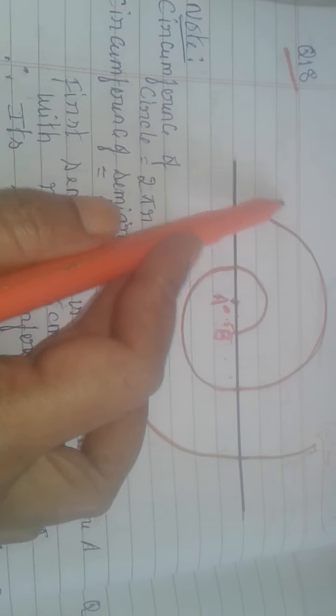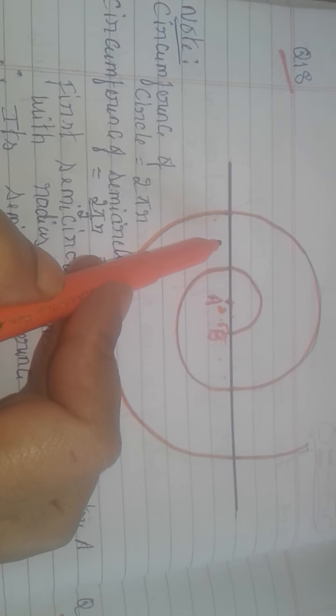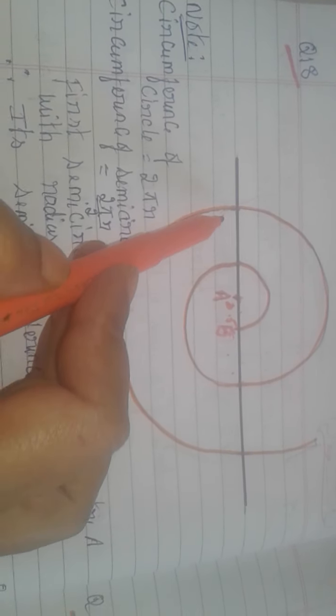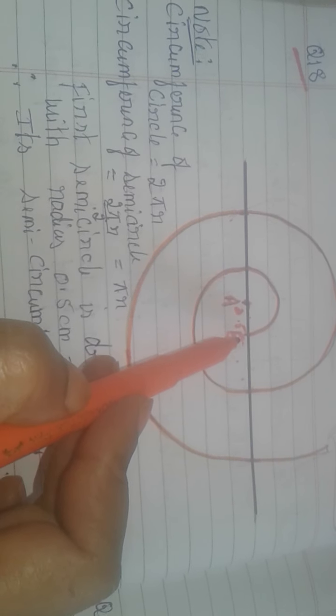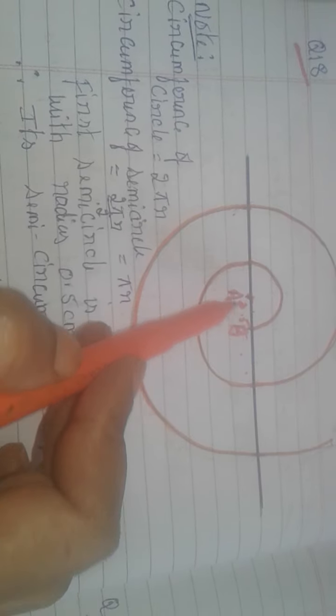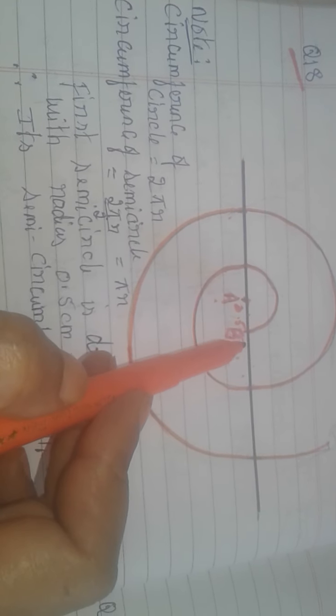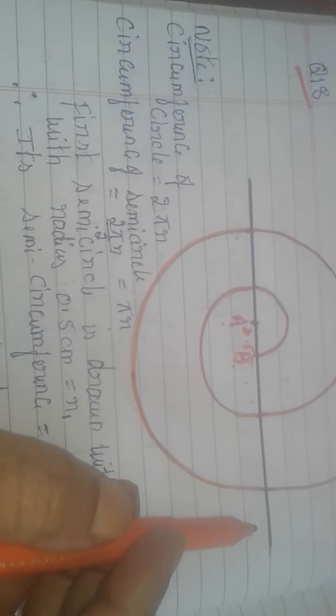For the next semicircle, again A is the center, and the radius again increases by 0.5, that is 1.5. For the next semicircle the radius will become 2, and the center will become B. So alternately the center of the semicircle changes, either A or B, with an increase in radius of 0.5 centimeter.